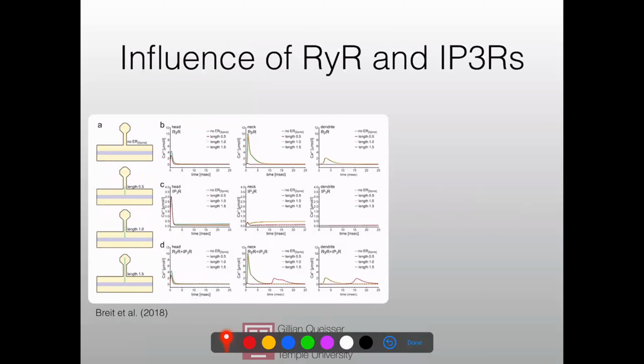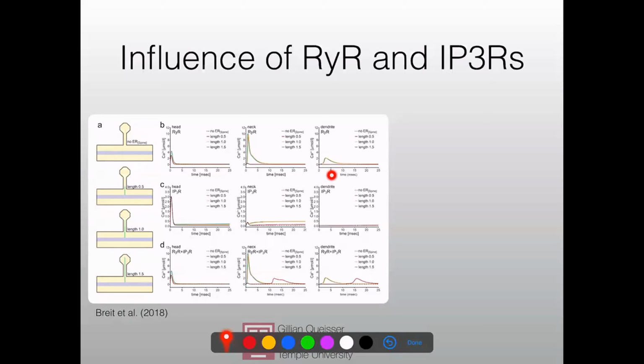Now, if we activate ryanodine receptors and IP3 receptors and we repeat the same thing, we can see that under no ER conditions, we do not observe any dendritic calcium response when providing a single pulse at the spine head.